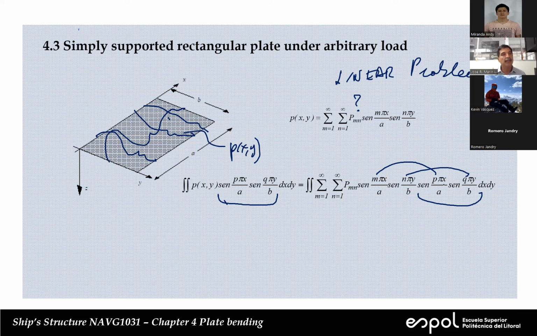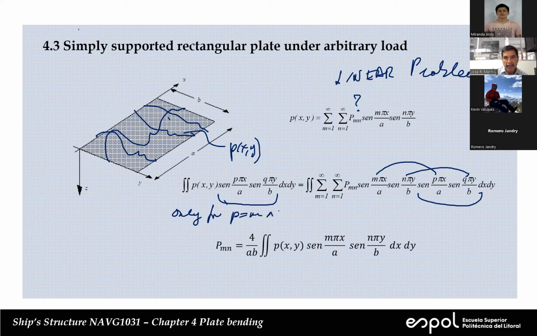All the other results will give you 0. Okay, so we can write it here. Only for p equal to m and q equal to n, we get a result different from 0, and this is the result.